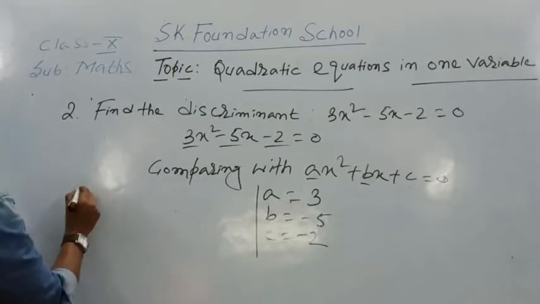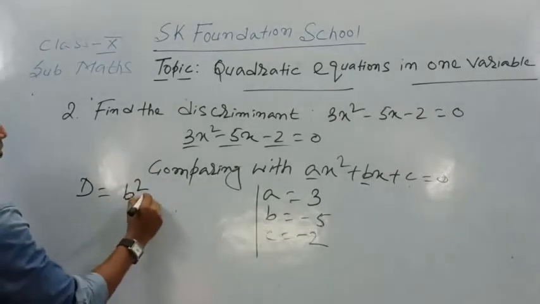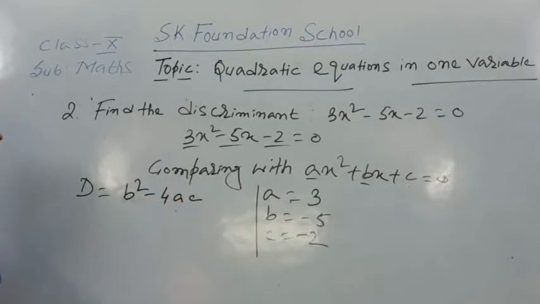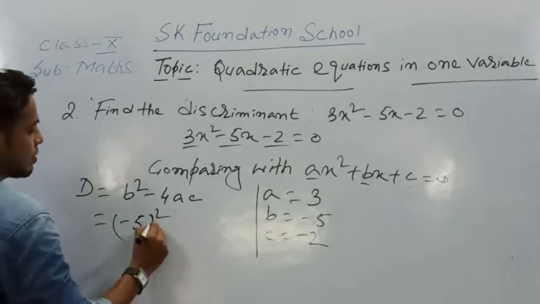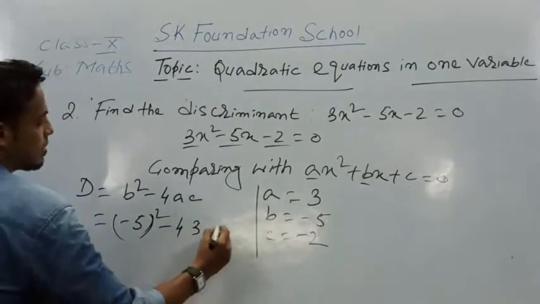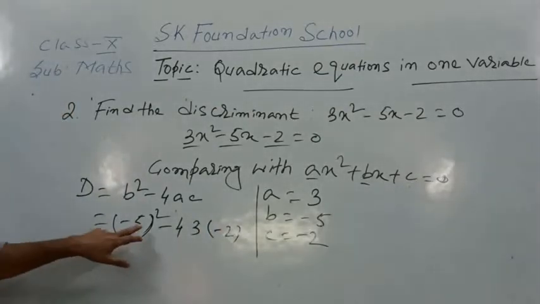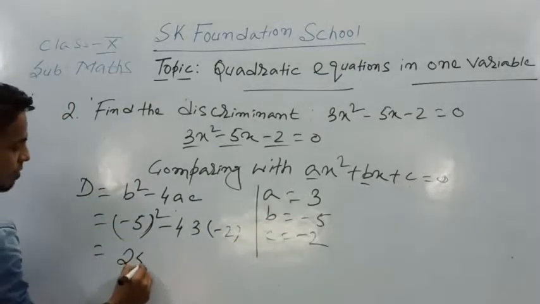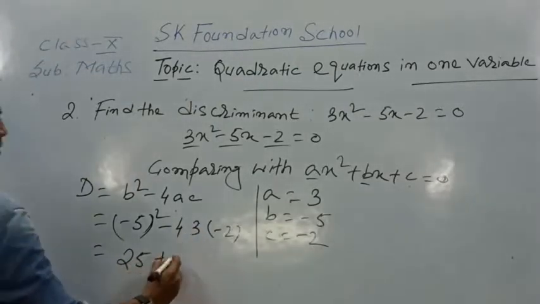Now we are going to find the discriminant, that means D. As we know, D equals b square minus 4ac. So b is minus 5, that means minus 5 square, minus 4, a equals 3, and c is minus 2. The square of minus 5 is 25, minus minus becomes plus 24.